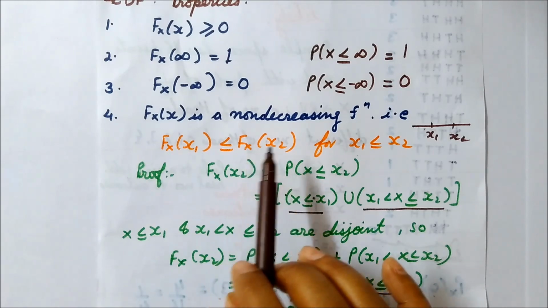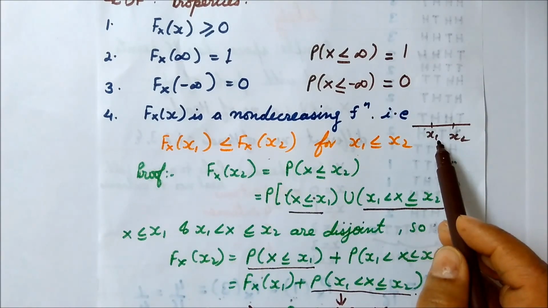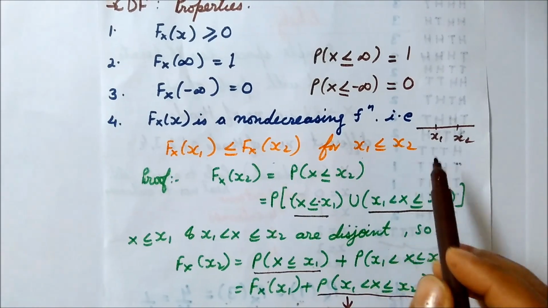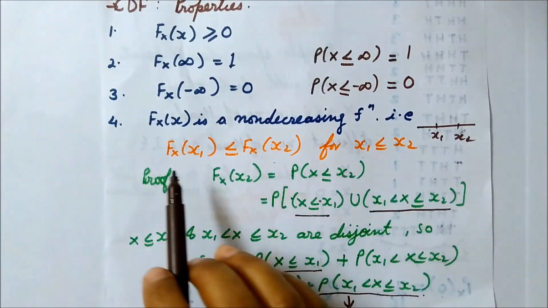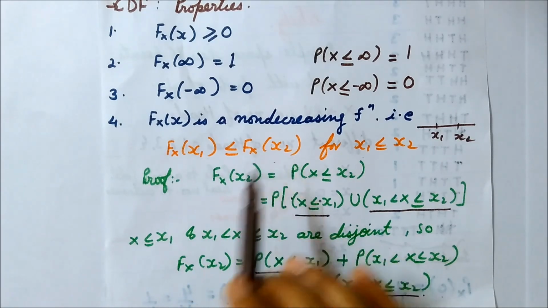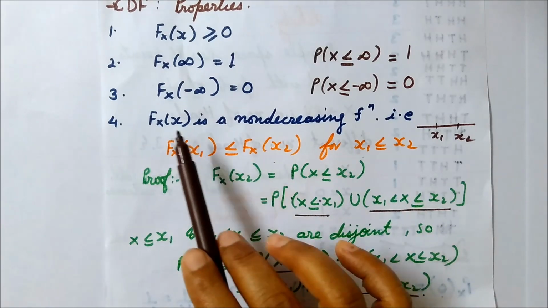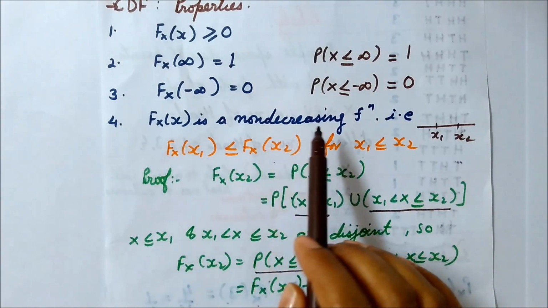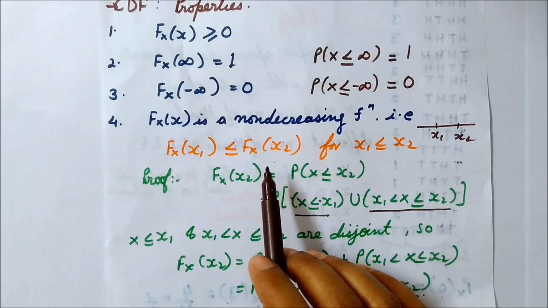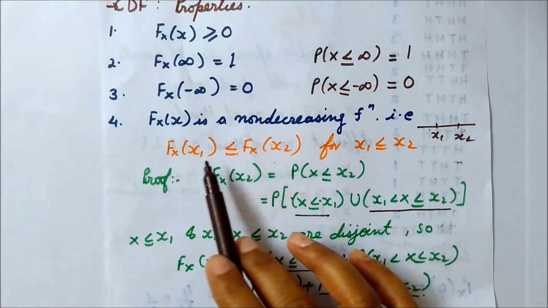For this condition, we have to prove that Fx of x1 is less than or equal to Fx of x2. So we have to show that the CDF is a non-decreasing function. It means that the CDF at a higher value, x2, will be greater than that at a smaller value x1.